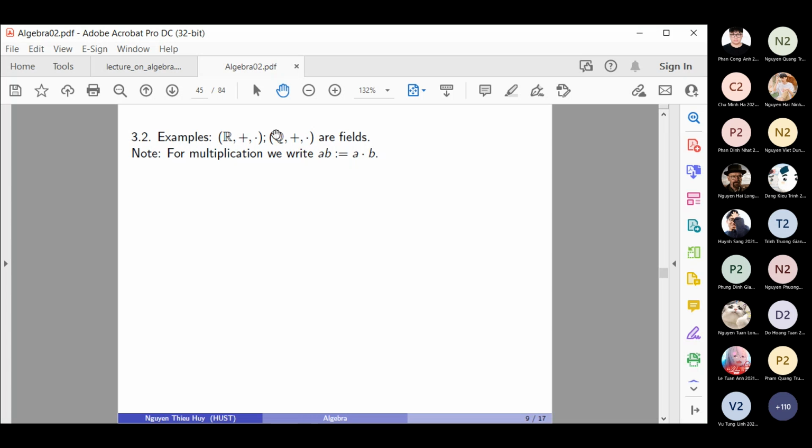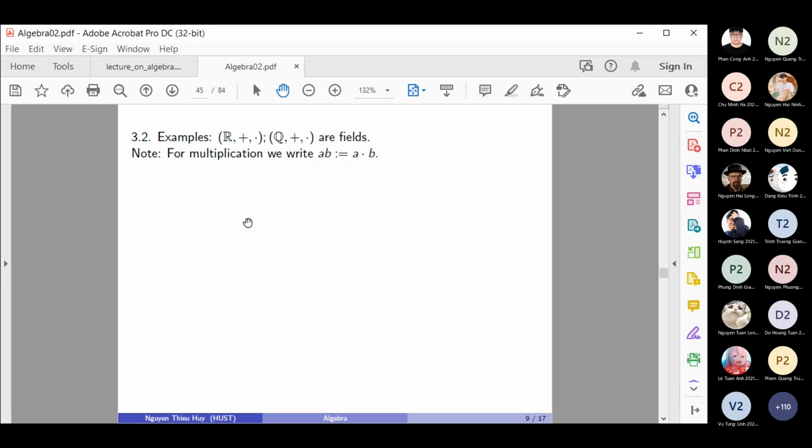It's also a field, because when x is in Q and x is not zero, then x to the minus 1 exists, meaning 1 over x, and it's also in Q. Of course, a notation convention: for multiplication, we just write AB without any point. If you write the point, it's more comprehensible, but if you do not write the multiplication point, it's no problem.